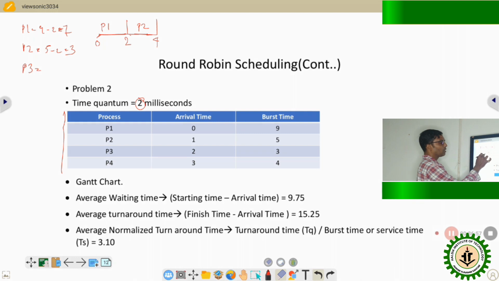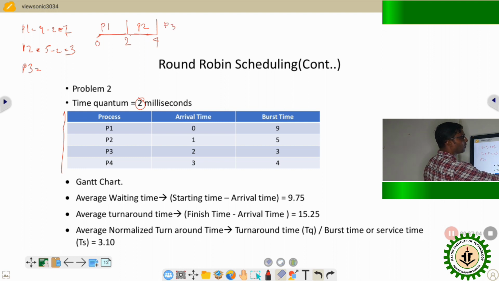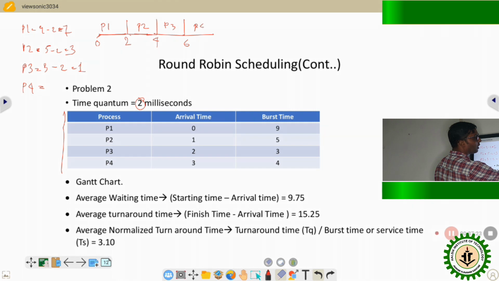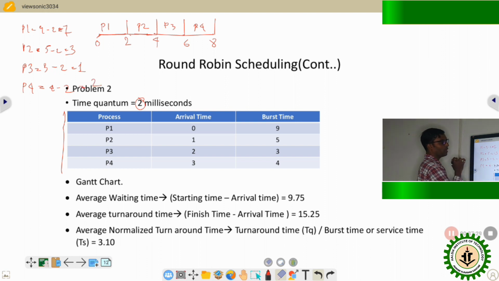P3 again executed up to 6, and P3's burst time is 3, so 1 is remaining. P4 executed here up to 8, so P4's burst time 4 minus 2, that is 2 is remaining.